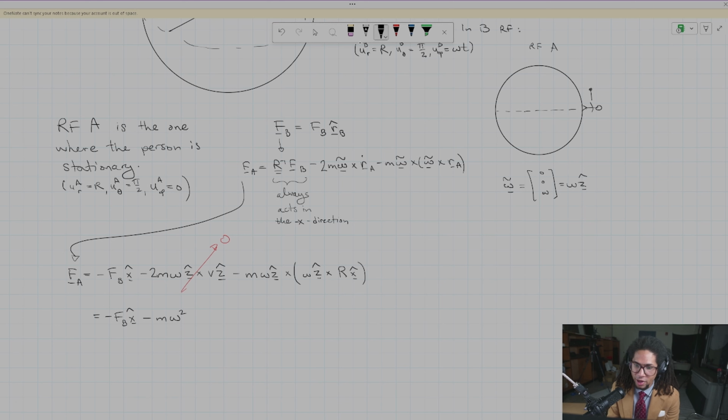Actually, let me pull out all my constants. M omega squared r, z hat cross x hat, which is y hat. But in turn, this is going to give me plus m omega squared r x hat, because z hat cross y hat is minus x hat. All right, so in this case, I found that there is a centrifugal force on the ball pointing this way.